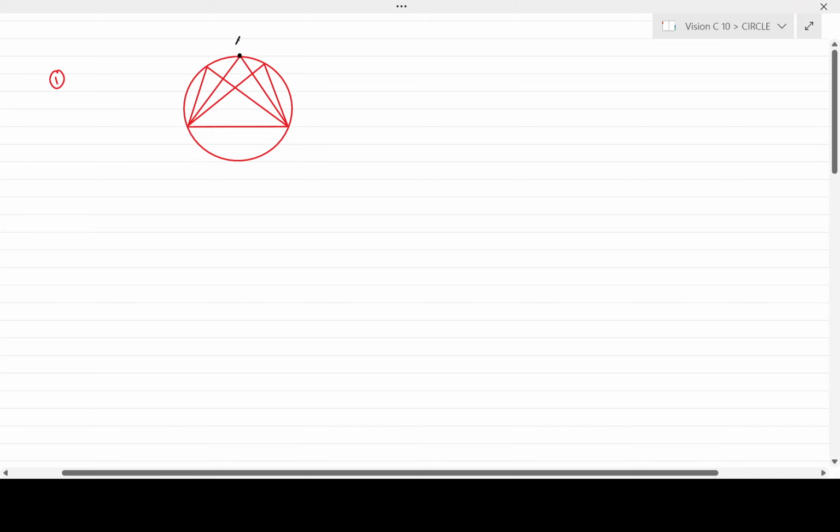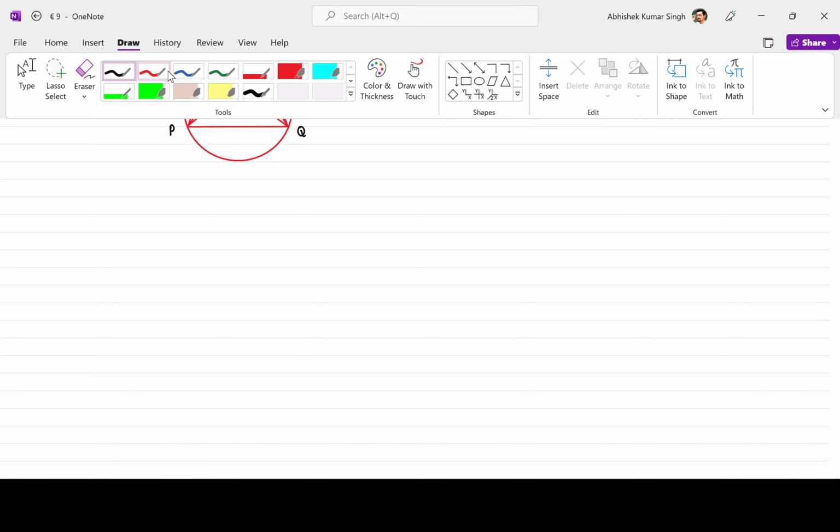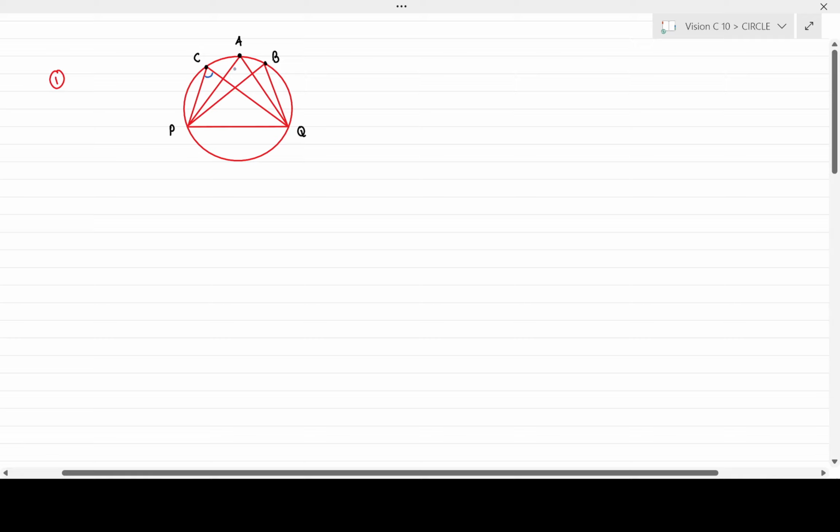Let us consider this point as A, this point as B, and this point as C. And let us consider the name of the chord as PQ. So this chord is subtending three angles at the circumference of the same circle.